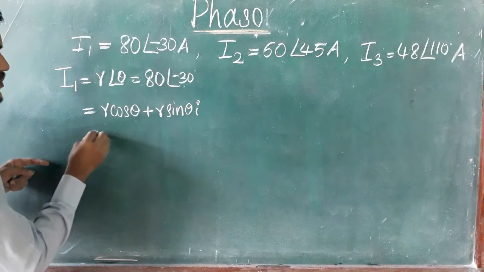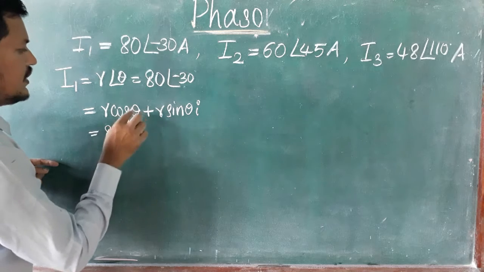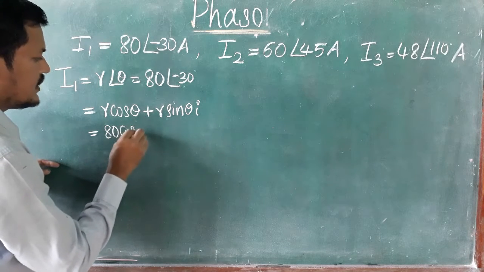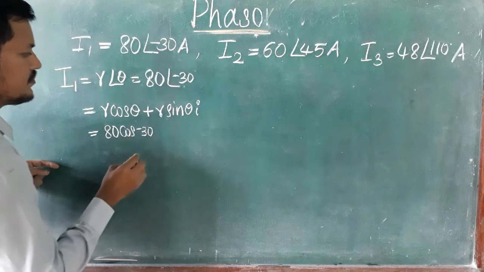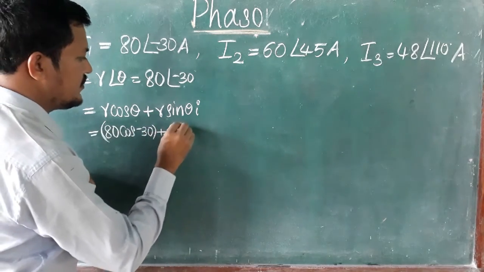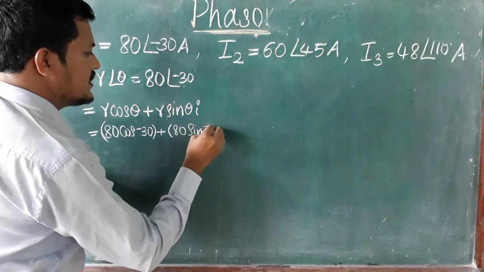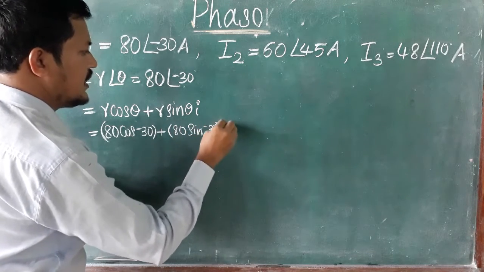Clear? So substituting the values, R is 80, cos of minus 30, plus R is 80, sin of minus 30 times i.